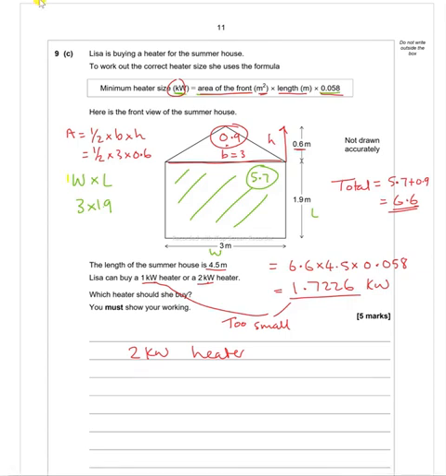It's the area of that rectangle, and then the area of the triangle. So you've got to learn these. Two things to take away from this: the area of a rectangle is width times length or height, and the area of a triangle is half times base times height. And then they want you to start substituting things in.